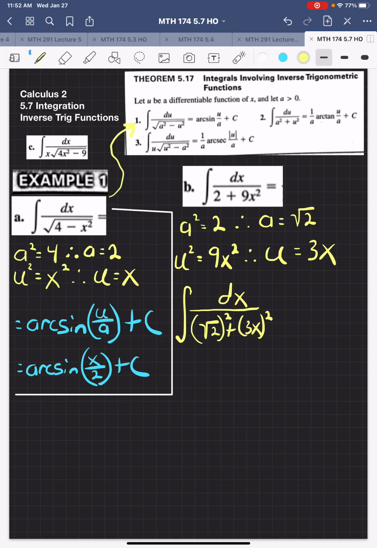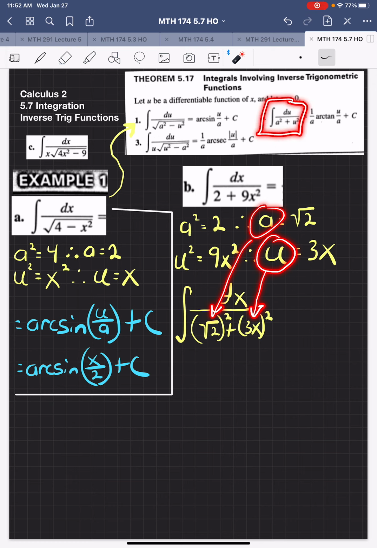Now we need to make sure all the parts are in place in order to integrate. As soon as I plug in a for the square root of 2 and u here, it would match perfectly, except that we have a dx when we need a du.